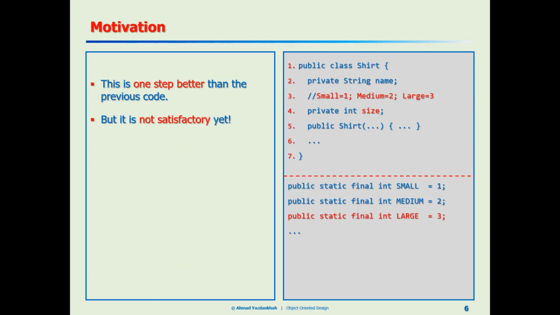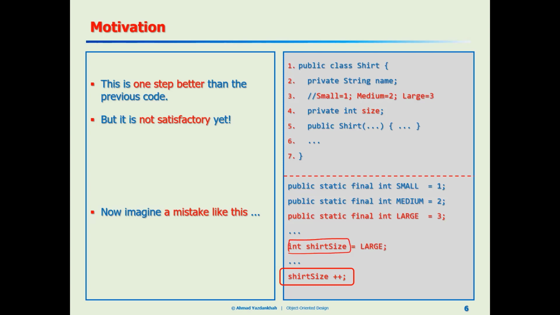So definitely this is one step better, but unfortunately it's not satisfactory because look at this. Let's say I define an integer like this, and I instantiate because this guy is an integer, right? So you can assign this to the shirt size, and then by mistake you can increase it or change it or add something else to it.